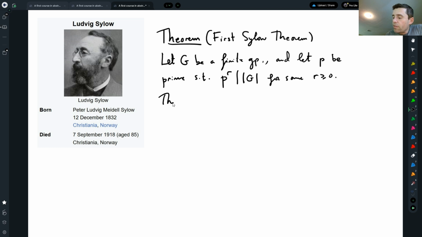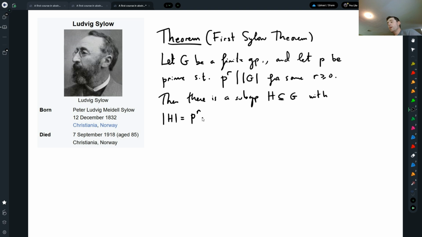Then there is a subgroup H of G with the order of the group H being precisely P to the R. Okay, so if R is 1, then this is precisely Cauchy's theorem.